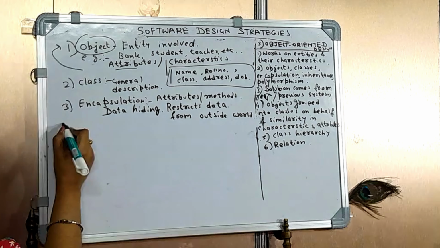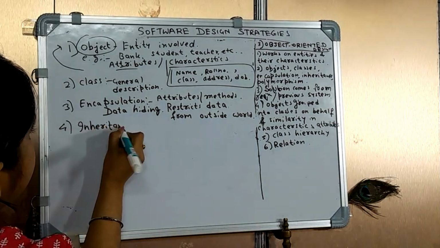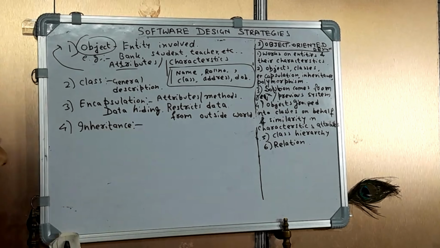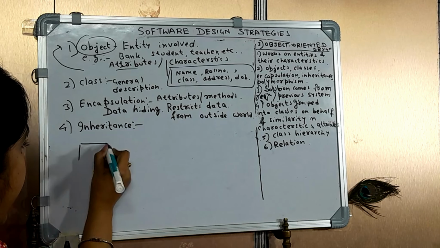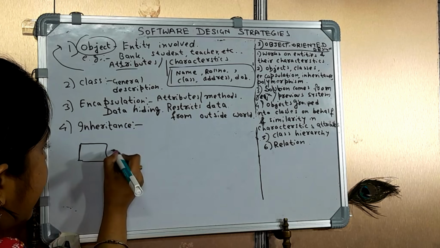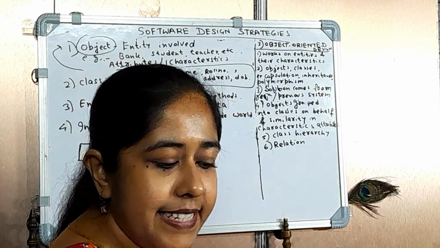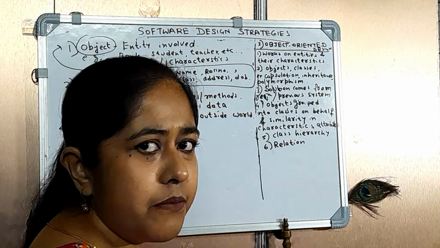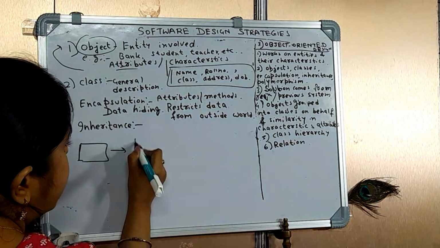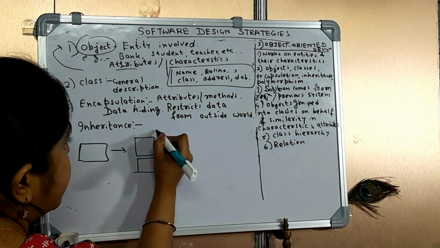And next one is inheritance. What is inheritance? Basically, if you have any particular object or any particular class, this class can inherit some information or some characteristics, maybe some data, from its upper classes.